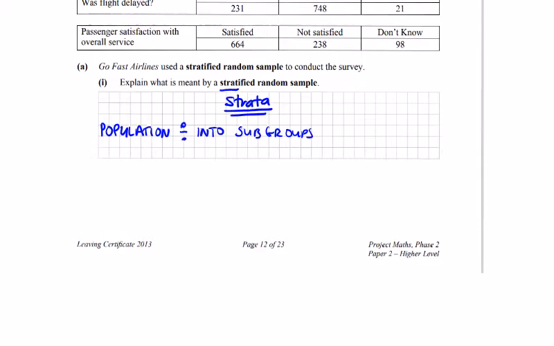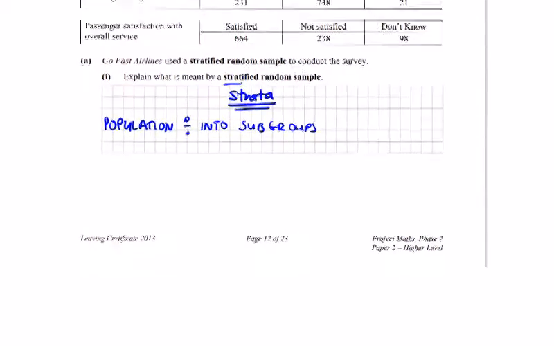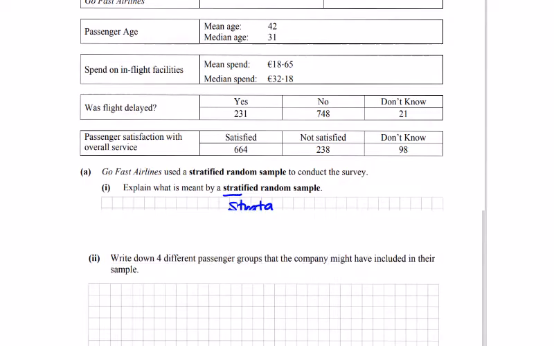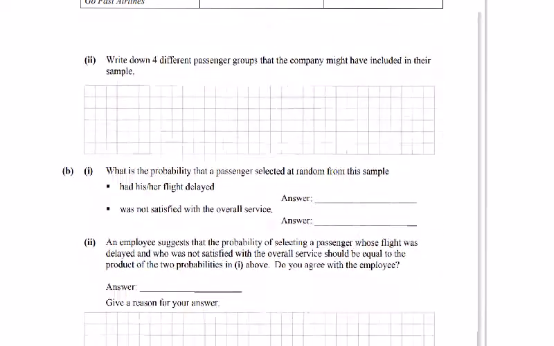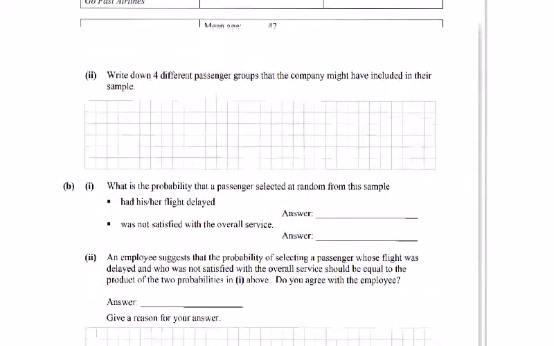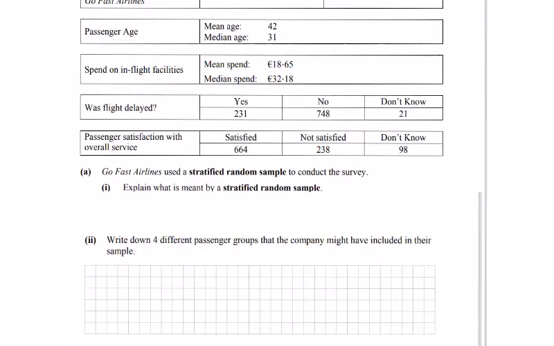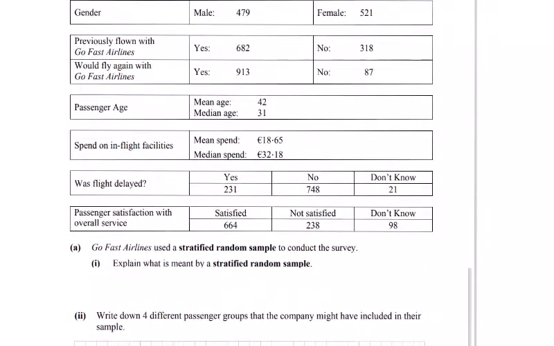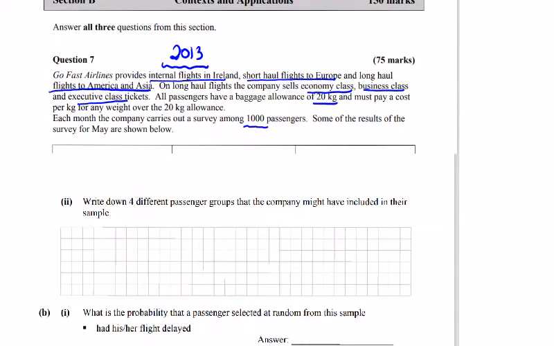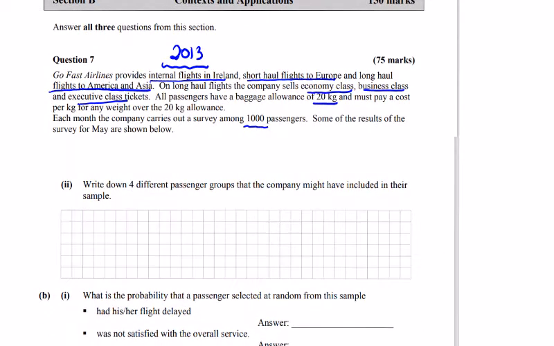The State Examination Commission seem to have gotten away from these worded questions, so not ones that are loved by a lot of people that love maths. Part 2, you'll be delighted to know you're asked to write down 4 passenger groups that the company might have included in their sample. So sometimes these questions can be quite ridiculous, and the 4 groups that they have, well, there's so many.